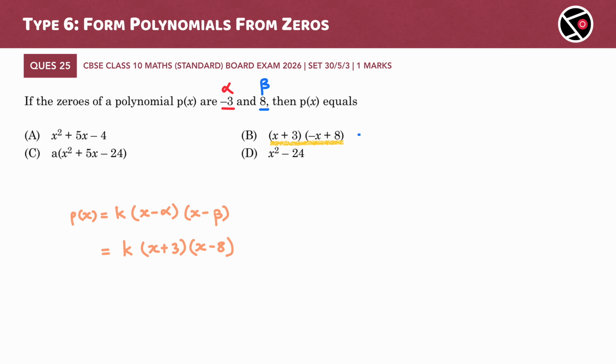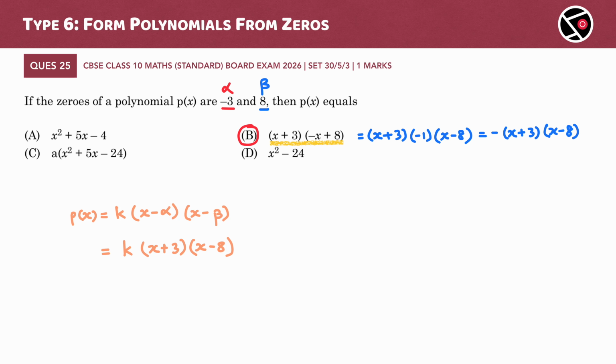Option B has minus x plus 3. We can pull out minus 1 from the second factor and we can write it as minus 1 times (x minus 8). Option B equals minus (x plus 3)(x minus 8). This matches our expression for k equals minus 1. Option B is our choice.